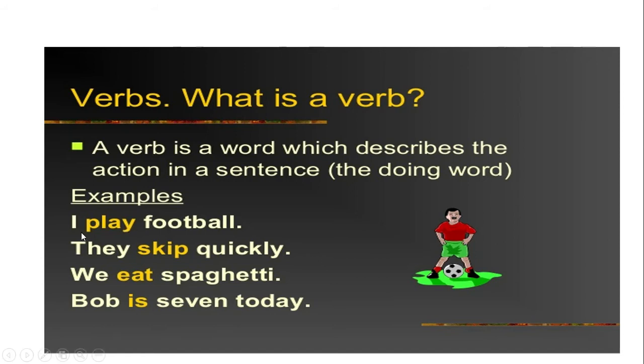Look at the examples on the screen. I play football. They skip quickly. We eat spaghetti. Bob is 7 today. The yellow words are the action words. This means the verb.